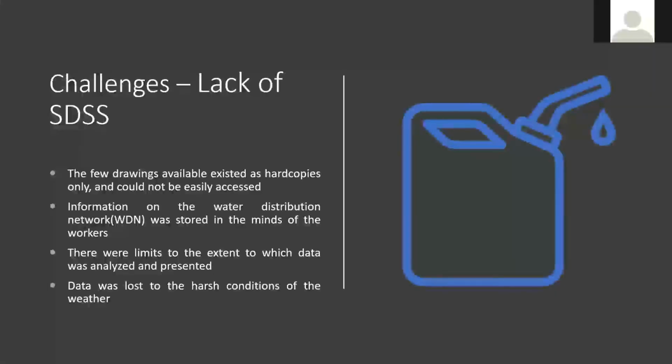So I'd like to focus on some of the challenges that we have had as a unit to address using GIS. One has to do with the absence of a spatial decision support system.